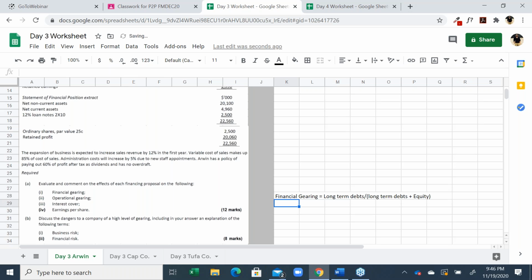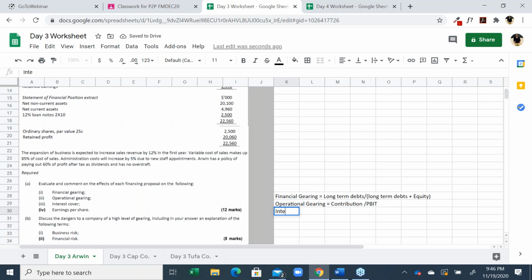That's financial gearing. And operational gearing, which shows business risk. The formula of operational gearing is contribution divided by profit before interest and tax. These are the two formulas.